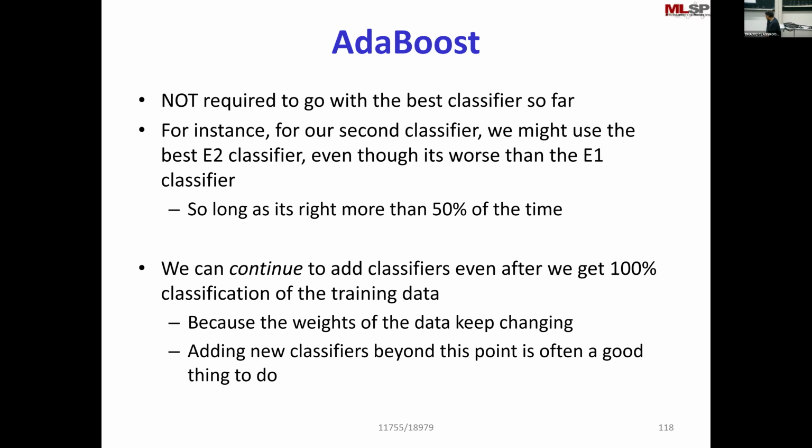So, and then you can continue to add classifiers even after you get 100% classification of the training data, because the weights keep changing. And adding new classifiers beyond where you have 100% accuracy on the training data is actually a good thing to do. Now, what is the worst thing that you can do for AdaBoost?